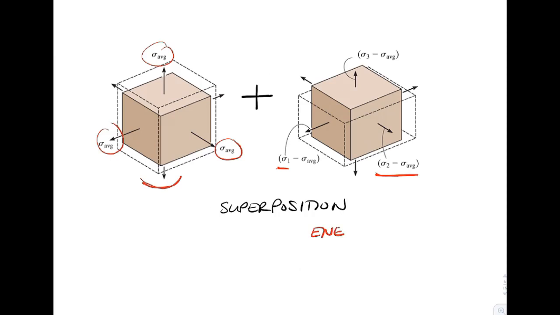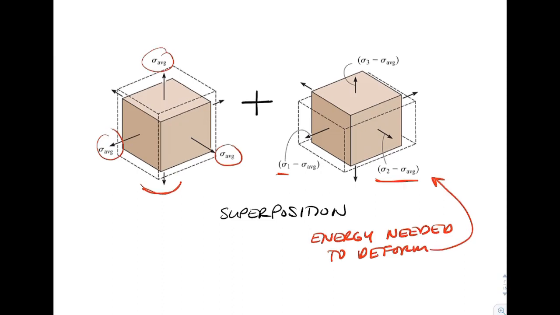And we're going to look at the energy needed to deform that element right there. We'll compare the energy needed to deform triaxial, and we'll compare it to the uniaxial. And so when the triaxial energy has exceeded the uniaxial, then we will predict that yielding has occurred.